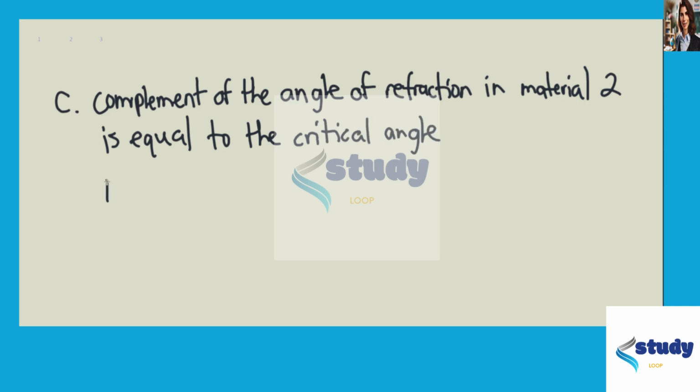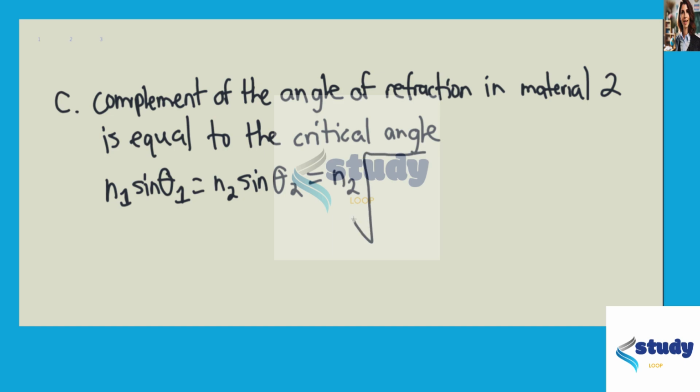And given this, we know that n sub 1 sine of theta sub 1 equals n sub 2 sine of theta sub 2. And so this would be equal to n sub 2 times the square root of 1 minus the quantity n sub 3 divided by n sub 2, squared.